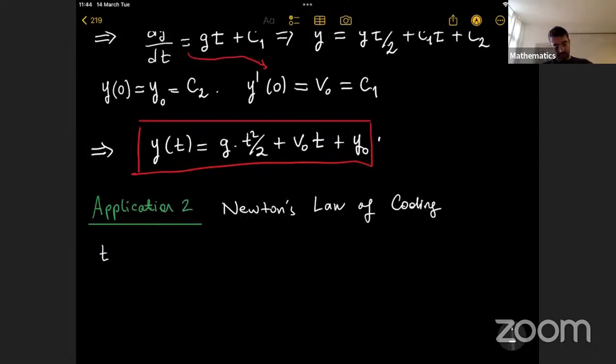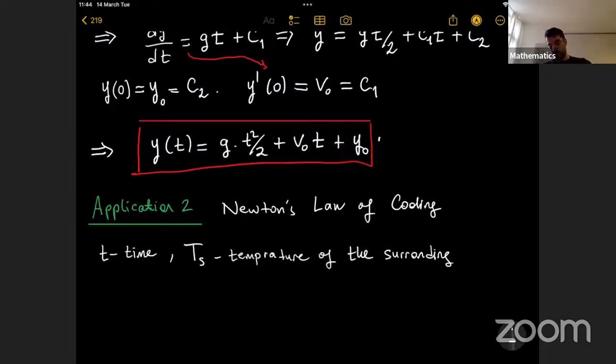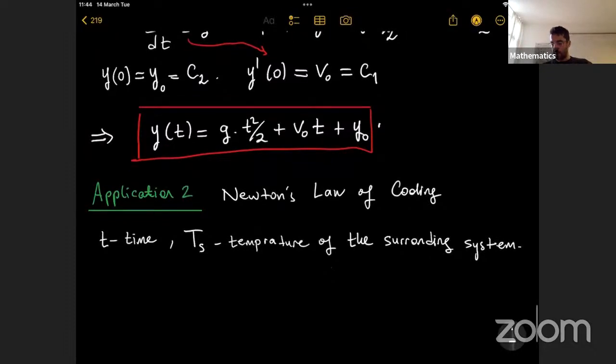Here T is time as usual. By Ts, we denote the temperature of the surrounding system, so for instance, the temperature of the room. In some cases, it might be the temperature of some other things.